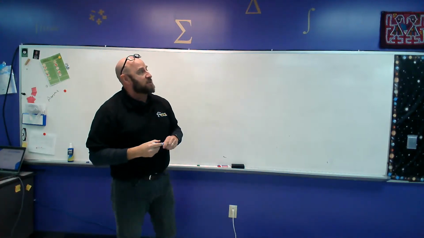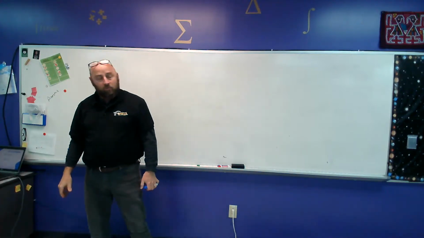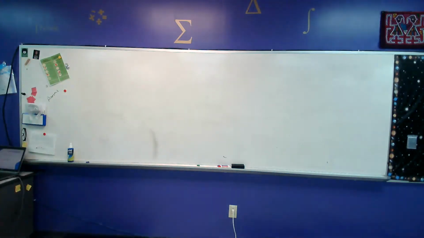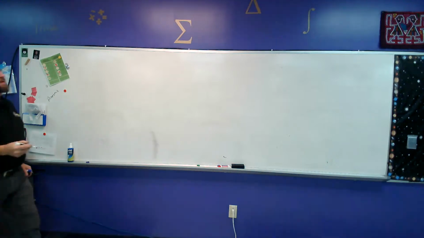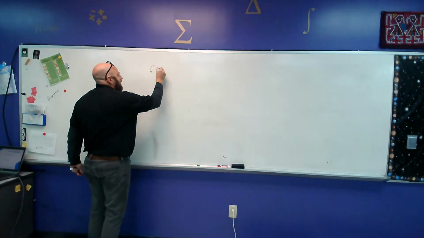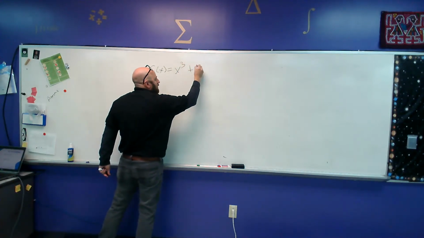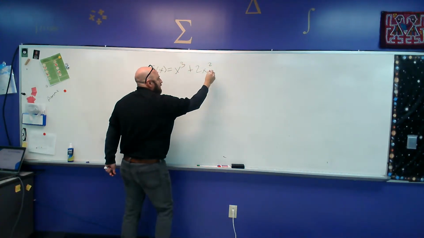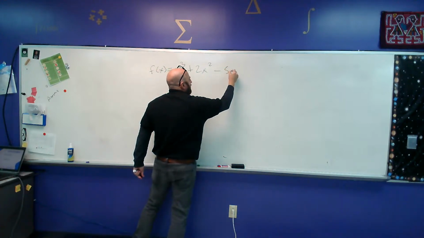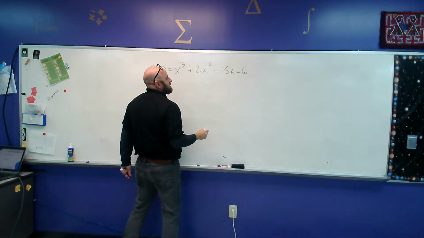So let's try this with that function. Our function is f of x equals x cubed plus 2x squared minus 5x minus 6.